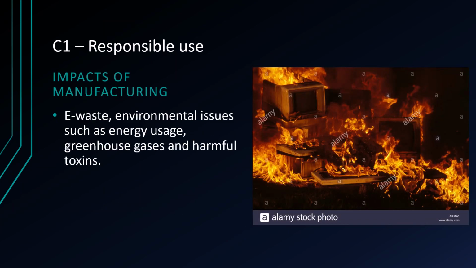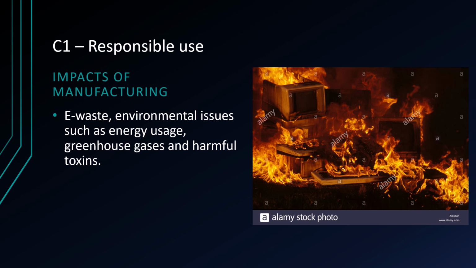Okay, so basically the impact of manufacturing on our environment. When we use a phone, for instance, it has had to be manufactured in a big factory that might pollute the air, create a load of greenhouse gases, and could create some harmful toxins.